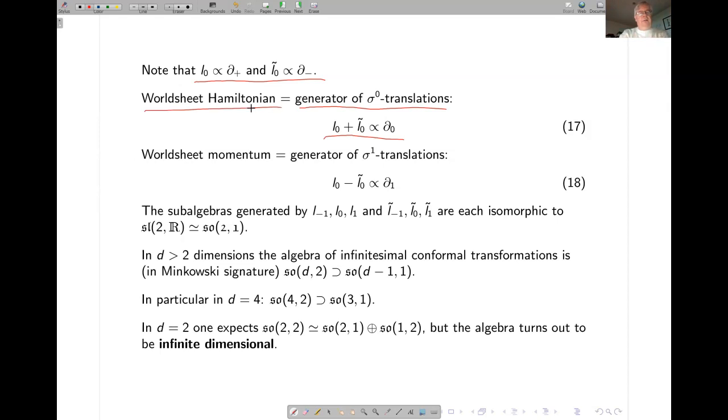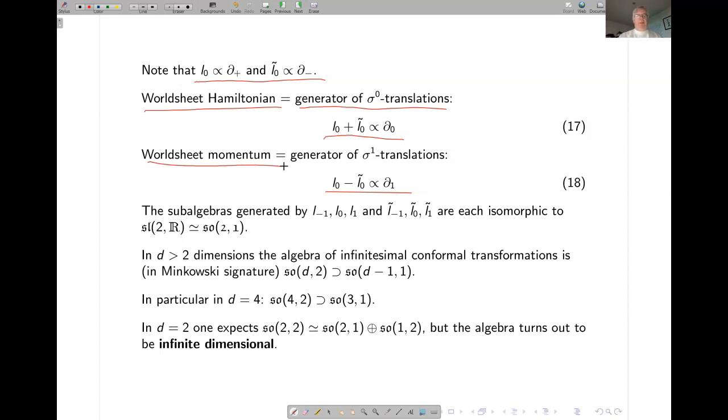So it really makes sense to call this the worldsheet Hamiltonian, because L0 plus L0 tilde generates translations in worldsheet time. In the same way, the difference is proportional to d1 and deserves to be called worldsheet momentum because it is a generator of sigma 1 translations.